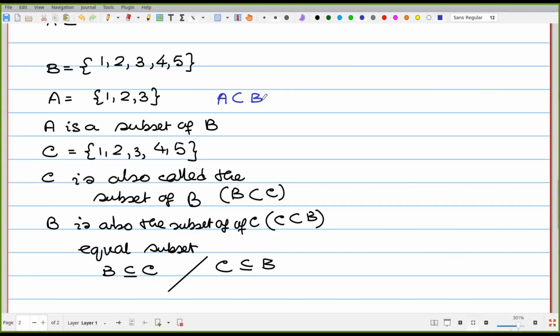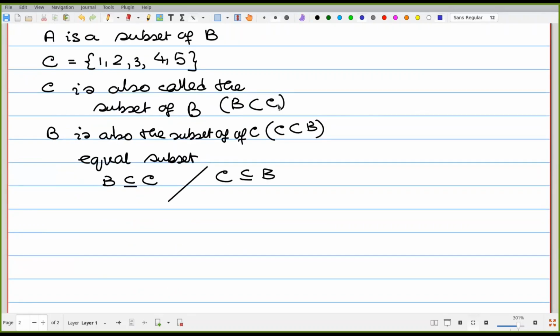Suppose BCA first year. BCA first year students, you have 155 students or so. So all the BCA first year students I have taken as a set. Now what is a subset of BCA first year students? Suppose the students of Alpha, which is a section, are practically a subset.